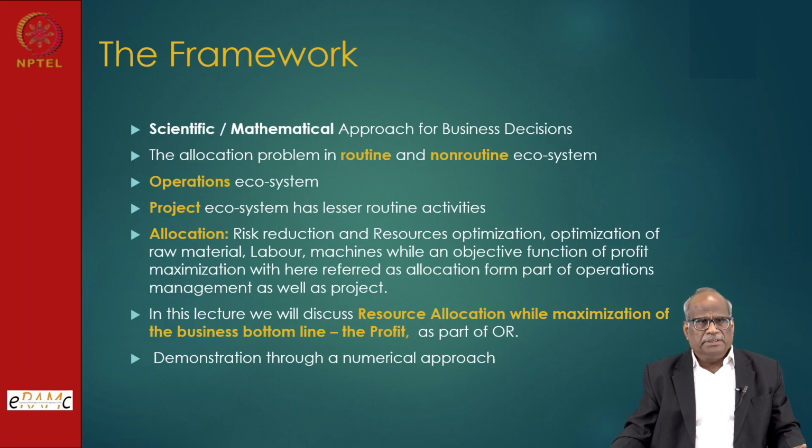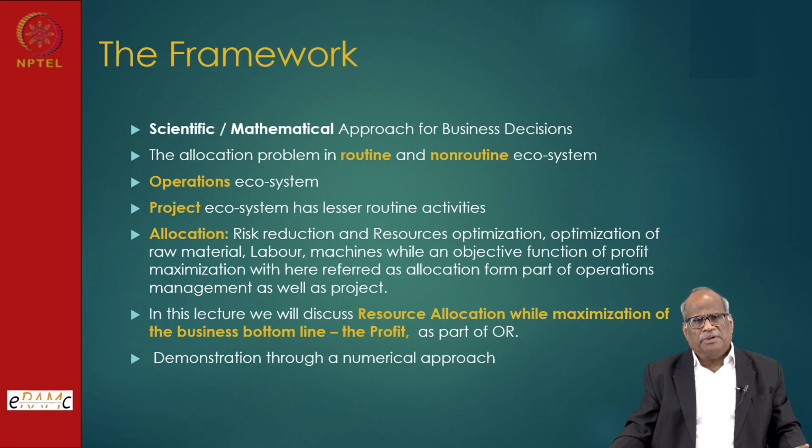In the operation ecosystem, there are many variables, and finally we have to choose 2-3 variables which are competing in nature, and rank them in such a way that defines our organization's objective and goals. The project ecosystem has fewer routine activities. So there are two ecosystems, operation ecosystem and project ecosystem.